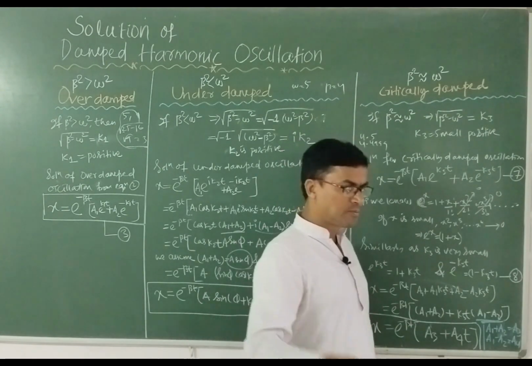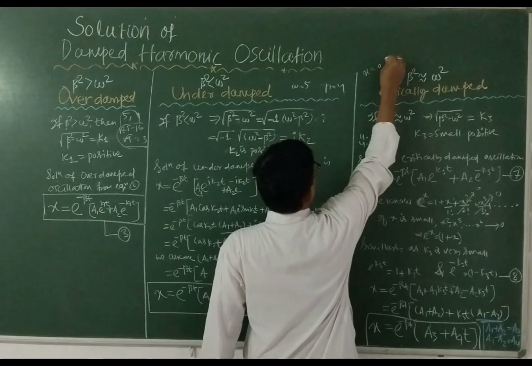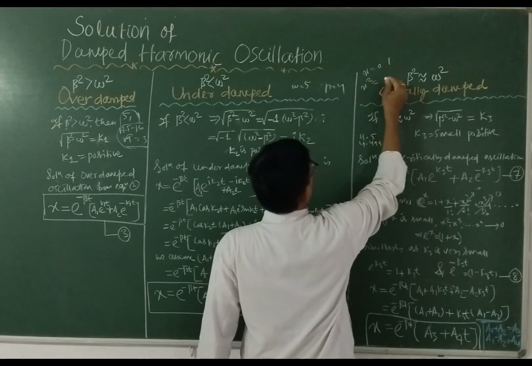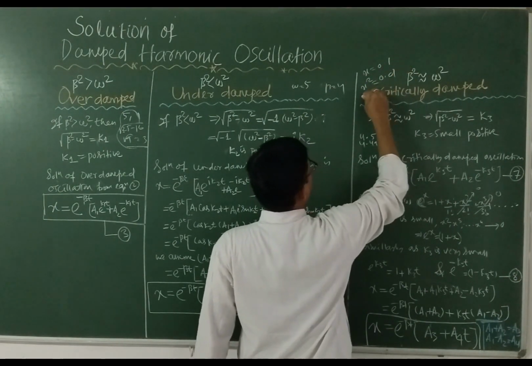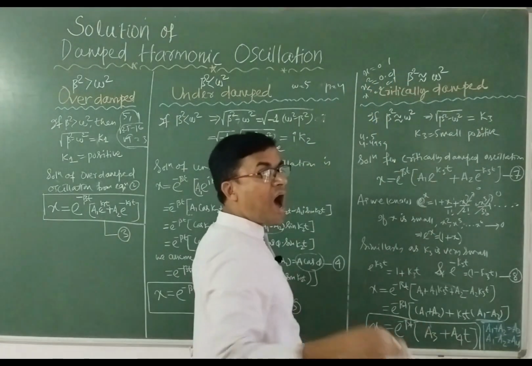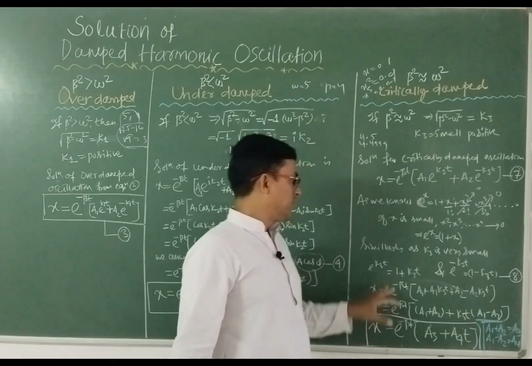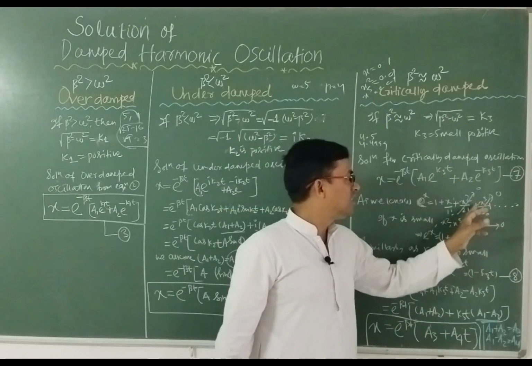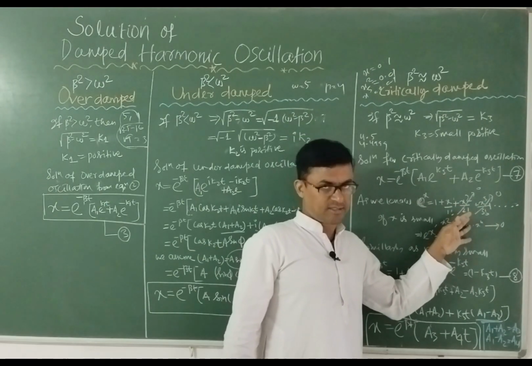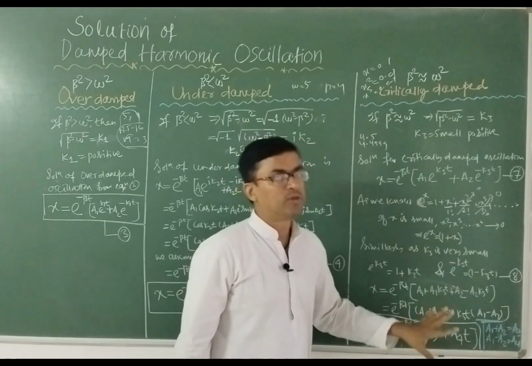Just for example, if you assume x equal to 0.1, then x square equal to 0.01, x cube equal to 0.001. That means if you go to higher power, the value keeps reducing. Therefore, in this case, the higher order terms tend to 0 as x is small, and e to the power x becomes 1 plus x.